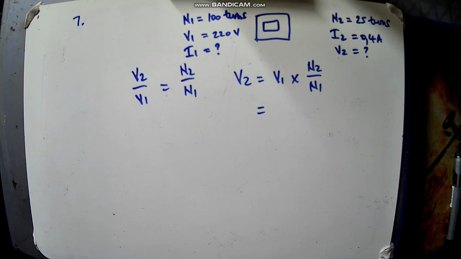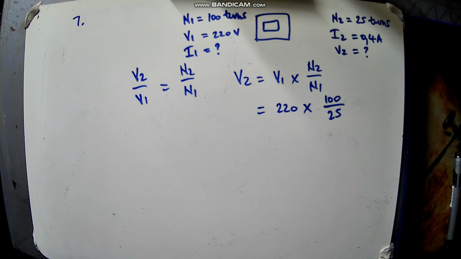Now notice that the question didn't ask for the transformation ratio, but it could, and that would be 100 over 25. It's always N1 over N2 for the transformation ratio. So 100 divided by 25 would give you 4. And so you'll have 4:1 as a transformation ratio. Right, so substituting 220 and then N2 over N1.